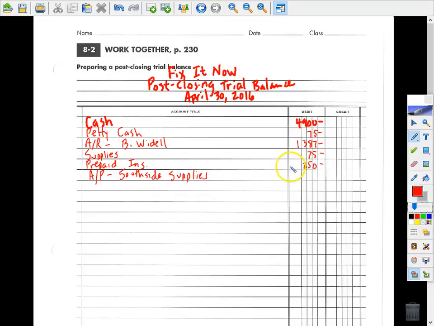So the balance of accounts payable, Southside Supplies, is $267. And that's the only liability we have. So now let's list the capital account, Connor Whitney, Capital, $6,420.